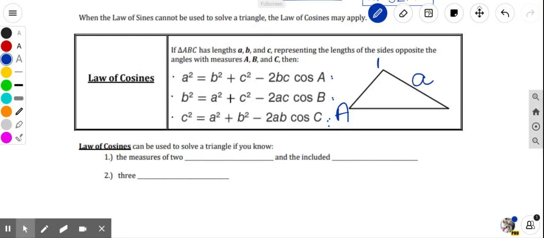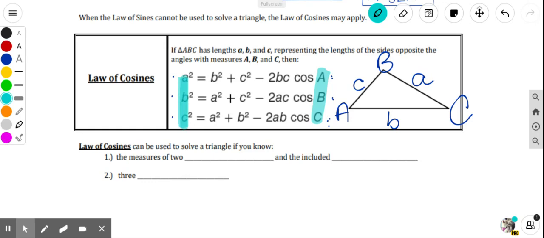Then we have capital B is the angle, and then lowercase b is the side opposite that angle. And then capital C is the angle, and lowercase c is the side opposite that. So the main thing that is true about law of cosines, and this is what you need to remember, is the angle that's here in the equation is the angle opposite the side that's on the left.